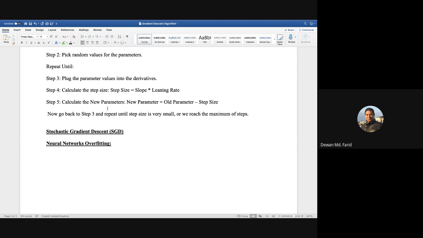So we have three scenarios here. We can say underfitting, best fitting, and overfitting. Underfitting is basically when it performs badly on training data as well as test data. Is it clear? Yes, sir.